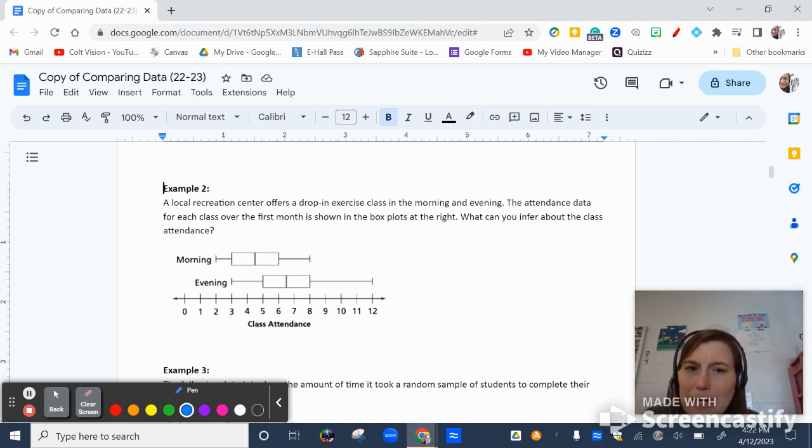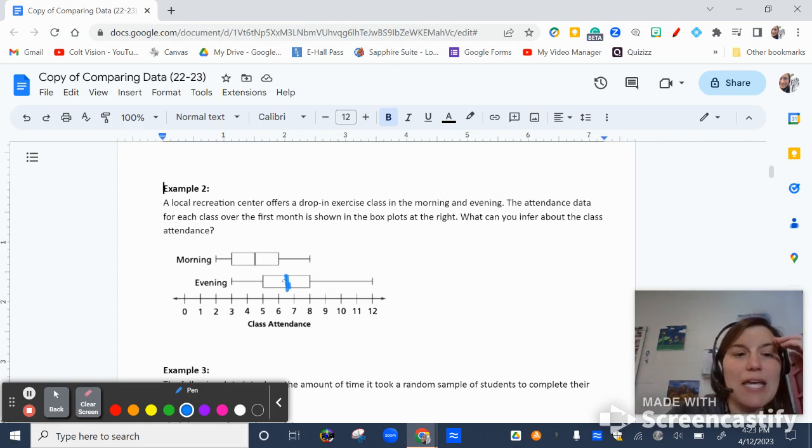So in this data we see that, okay, right here, 50% of the classes in the evening, so these are different classes, have an attendance of more than 6 people, because this is my median. Whereas in the morning classes, only 50% is more than 4.5.